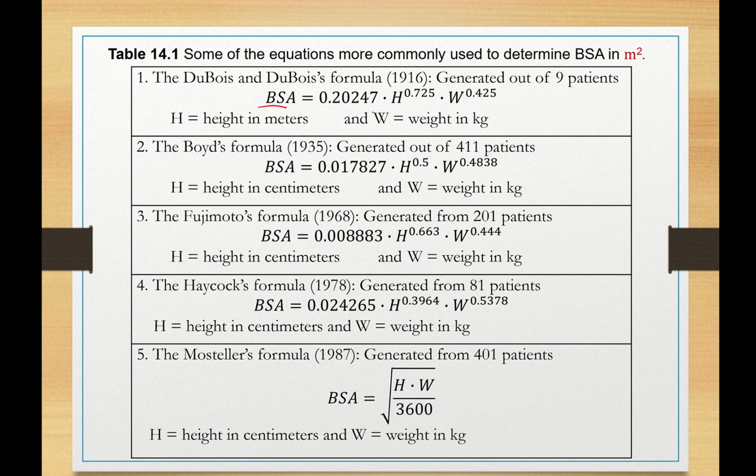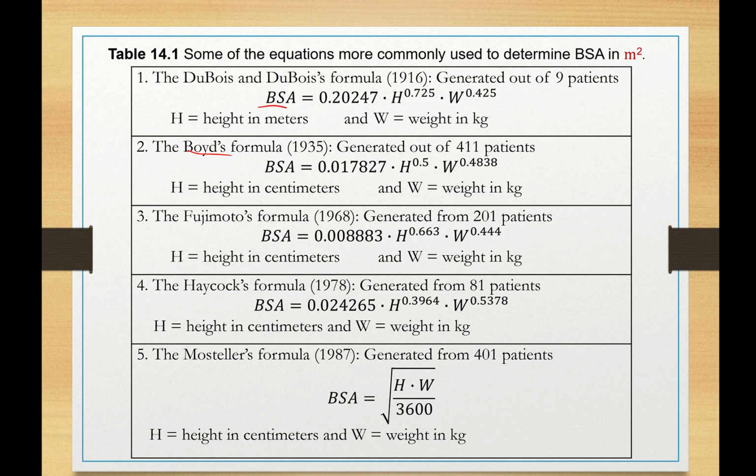So this is the Dubois and Dubois formula. Consider the resemblance: 0.20247 times h to the 0.725 times weight to the 0.425. Look at Boyd's formula, Fujimoto's formula, Haycock's formula, and of course Mosteller's formula.